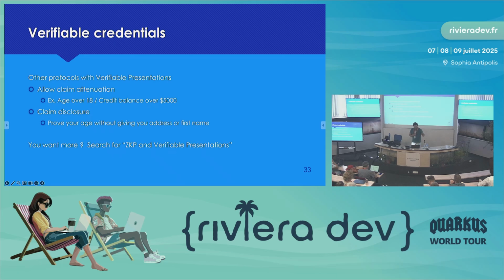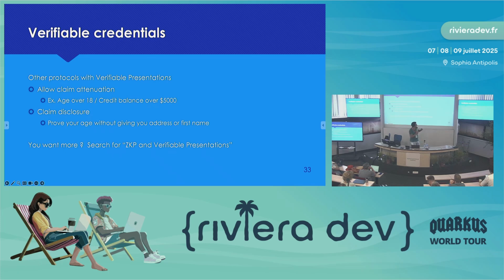So there are other types of verifiable credentials. We saw this verifiable credential, this pretty basic thing, but you can also have a verifiable presentation. It's a way that you have the same document, but the owner, Bob, can attenuate or hide some claims.